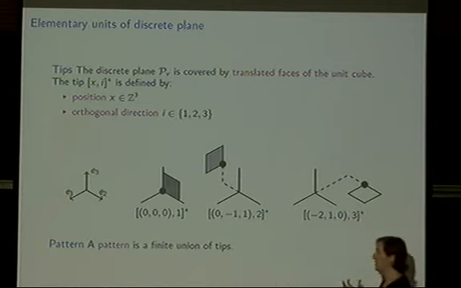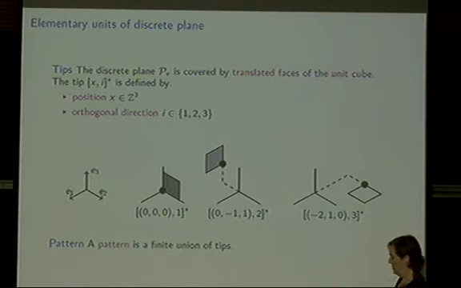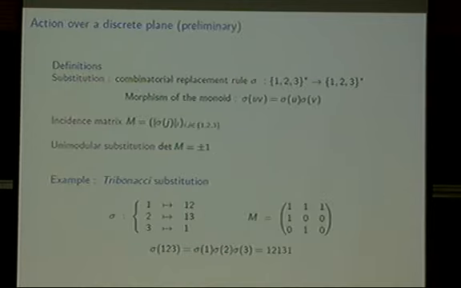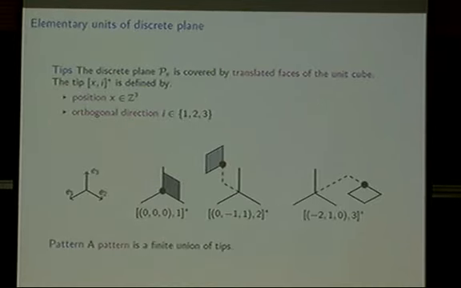Okay? So my discrete plane, you can look at it as faces of cube, but if you want to formalize that, we use this concept of tip, which is a pair of a vector plus a position, plus a label. Okay? And then what we have to do is to define actions, substitutions over the tips.